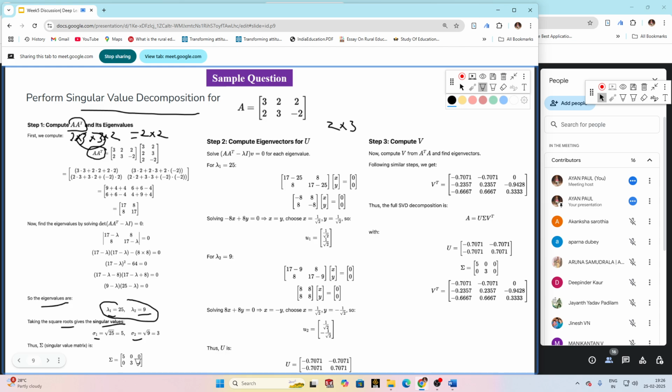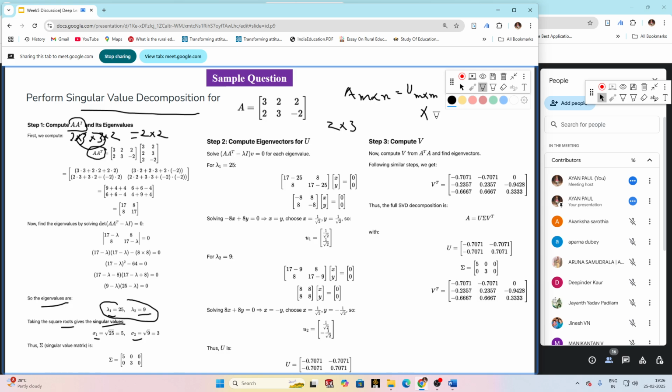Now the question can be, why is it not a 3 cross 3 diagonal matrix? Because in the formula, A, which is an M cross N matrix, is formed by U, an M cross M matrix.